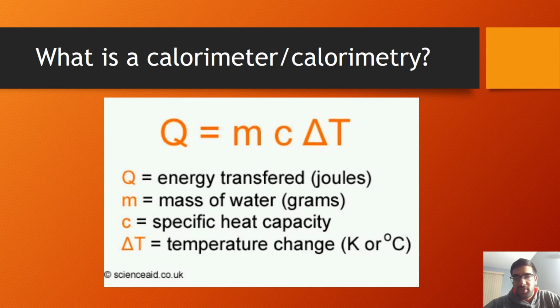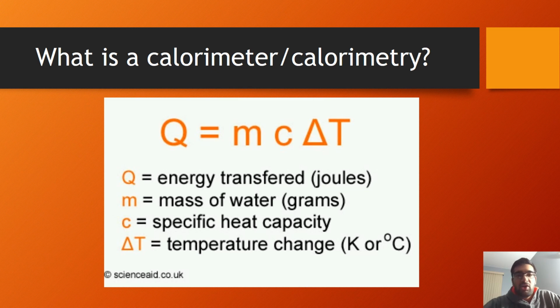Delta is a Greek letter, it's a triangle, but delta means change. So ΔT is the temperature change, which was measured by the calorimeter. And so we plug it into this equation, and then we get the energy transfer, the exact amount of energy transferred, or enthalpy. And that's what we want out of this whole experiment, this whole device.